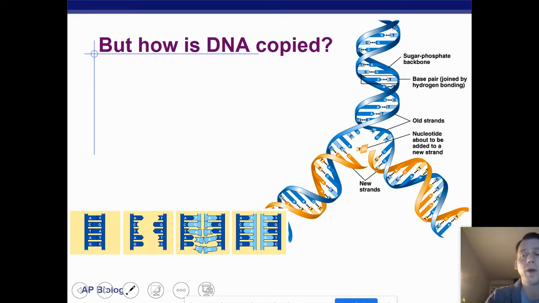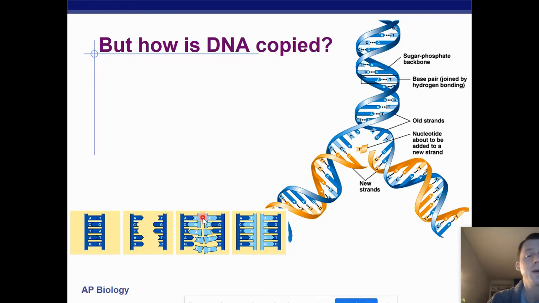And we know that when DNA is copied, basically what it has to do is separate. So we see that in picture 2 right here. We have separation. But once it has separated, we can add in new bases. So we can find new bases somewhere and add them in. But because there are these very specific base pairing rules, the A always has to pair with T, and the T always has to pair with A, we know exactly what they're going to make, right?